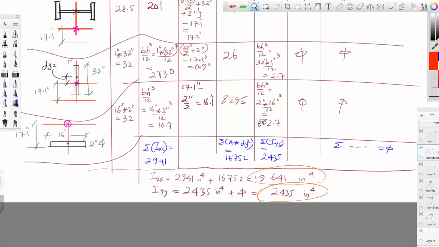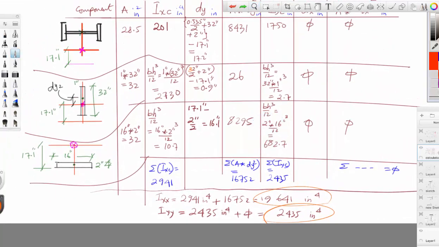And once we get this value, all we need to do now is the calculation here. If you look at your x-axis again, use the sum of all moments of inertia about the axis, which is this one, plus the sum of all areas multiplied by dy squared, which is this one. Put these together, you get this value.